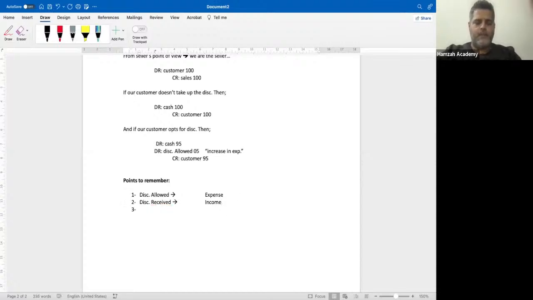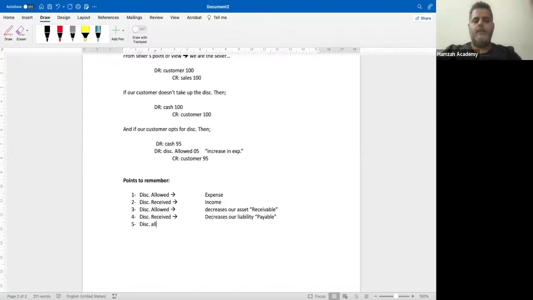Then discount allowed decreases our asset, that is receivable, whereas the discount received decreases our liability, that is payable, right?